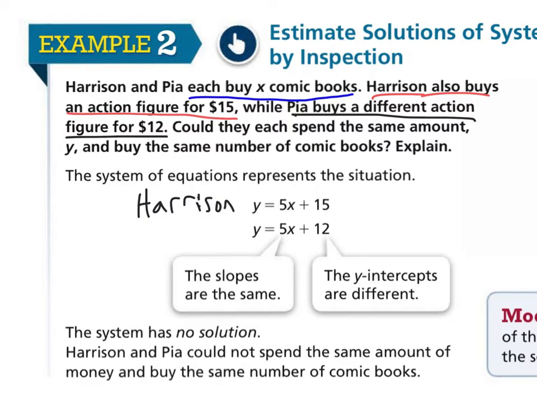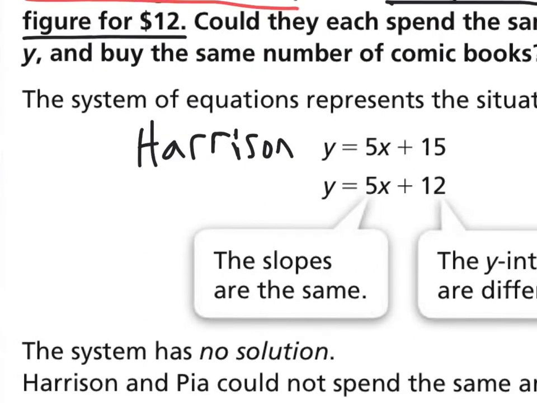He spent 5x plus 15. 5x is for the comic books plus $15 on the other action figure. Pia spent 5x plus 12. 5x for her comic books and $12 for the other action figure.